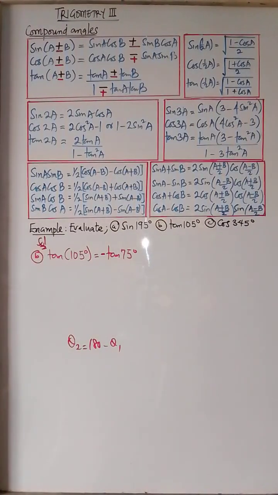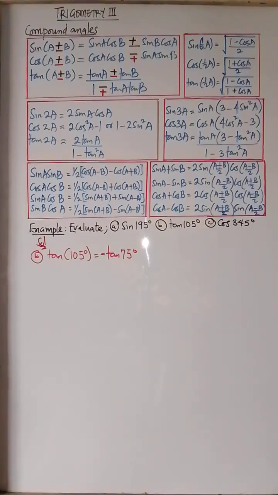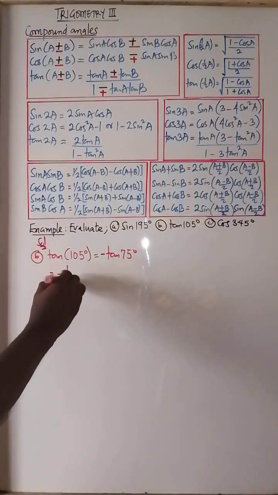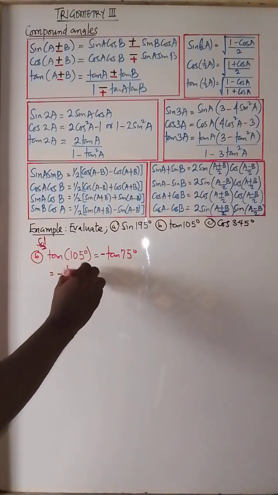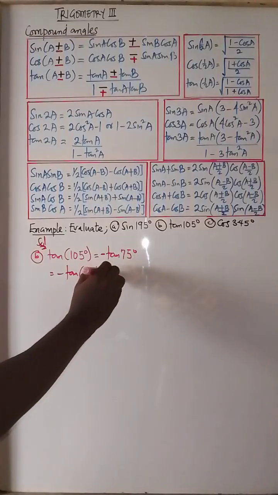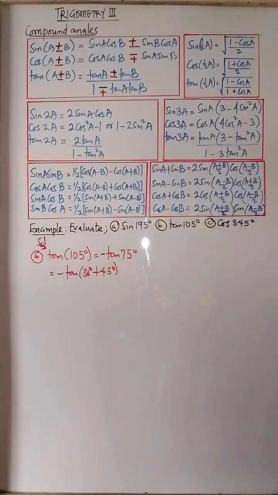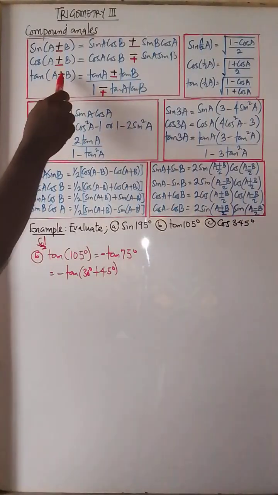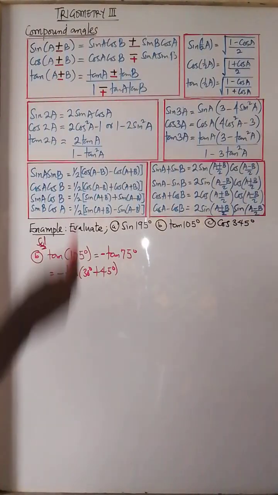So the first step is to turn the angle to the first quadrant. Two special angles that sum to 75 are 30 and 45. So this is written as minus tan of 30 degrees plus 45 degrees. This is tan A plus B. What's tan A plus B? If we have plus up, we have minus down.